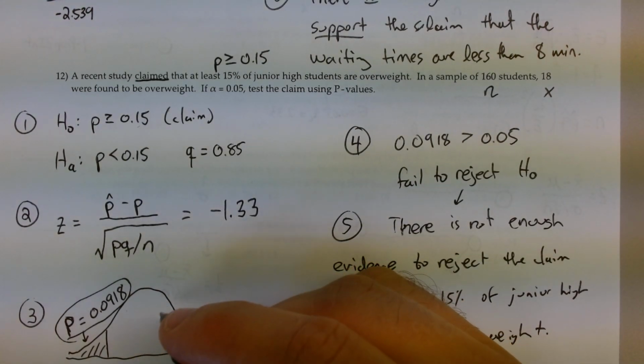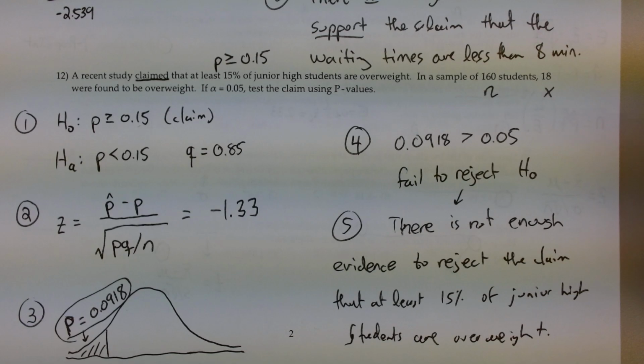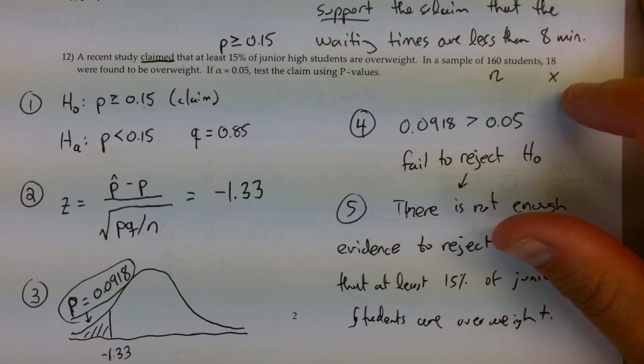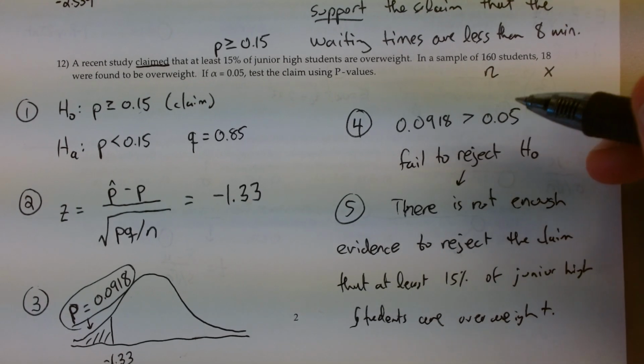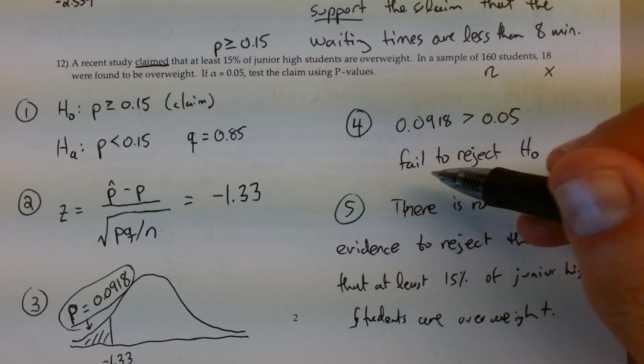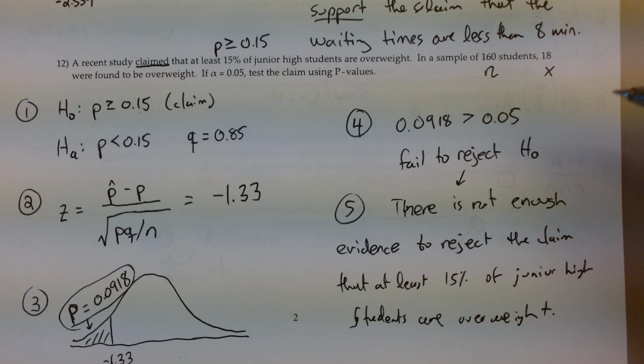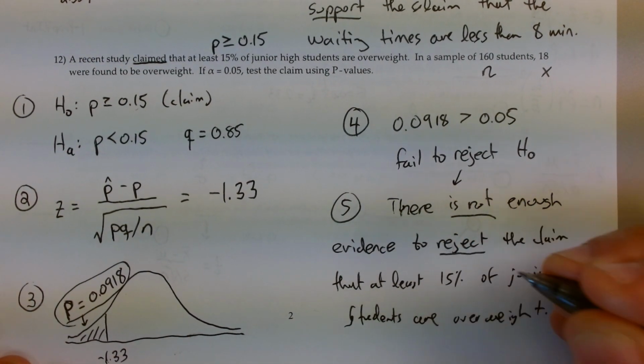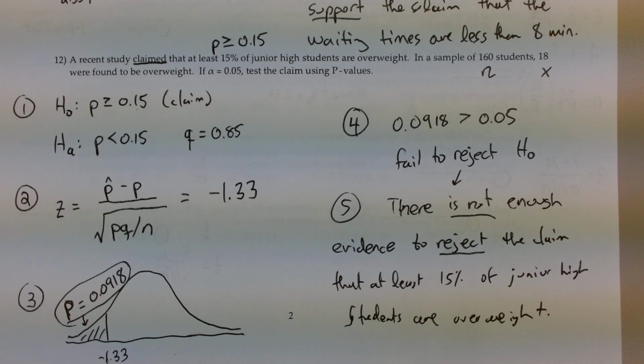The other one involves drawing this picture and either finding a critical value or a p-value. And step 4 is always your decision, either rejecting or failing to reject, and step 5 is writing the conclusion in words. So as long as you include all 5 steps, you should get all the points for that problem.